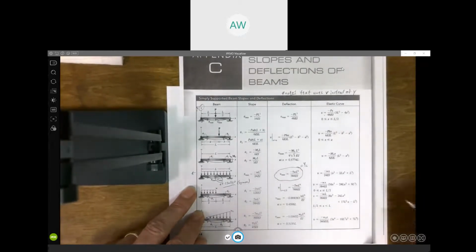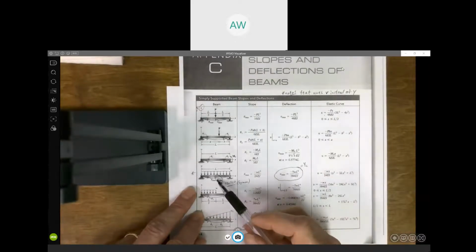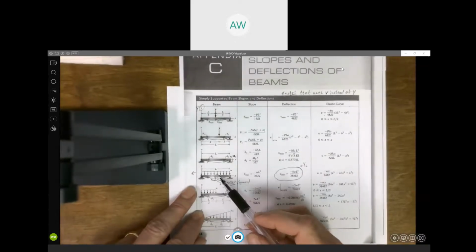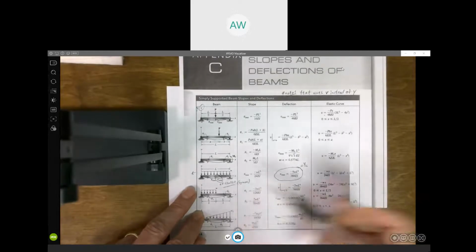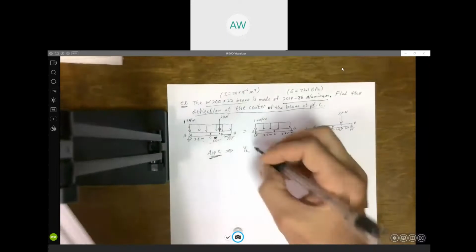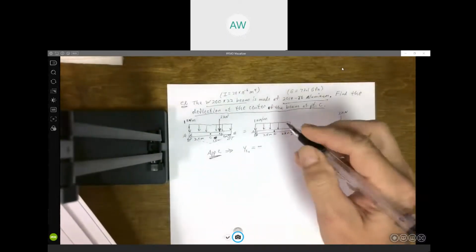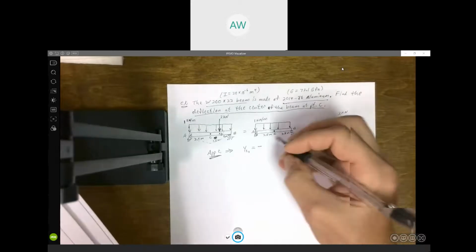Okay, so that's the formula we're going to use to get the displacement or deflection of point C due to the distributed load. So let me write that in over here. Again, it's negative because positive is up. This thing's going to move down.